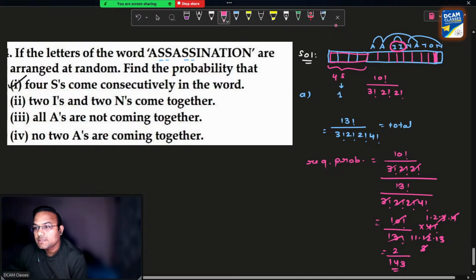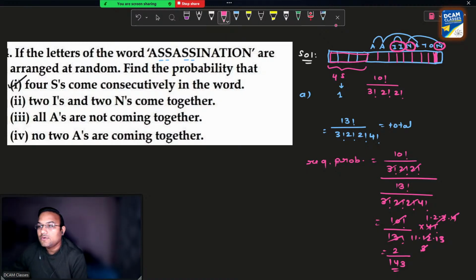Out of the rest, how many are there? 4, 5, 6, 7, 8, 9, 10.